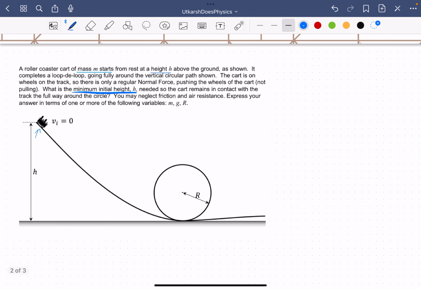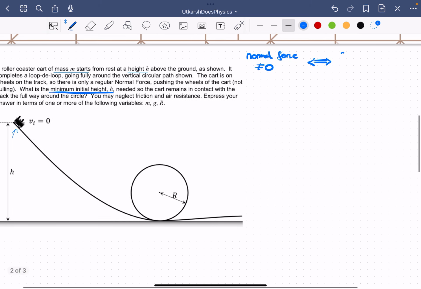So that's just some condition that we're going to enforce. We're going to enforce that the normal force, which does not equal 0, is equivalent to saying the cart is always touching the track.